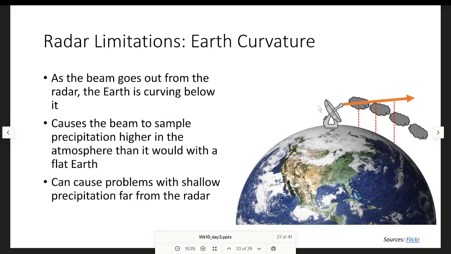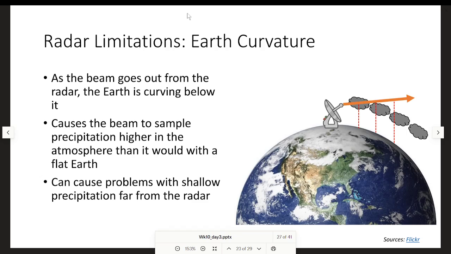Okay. Earth's curvature also creates limitations. Yeah, the Earth's not flat, unfortunately. Again, I really wish the Earth was flat, but unfortunately for all of us, the Earth is round, so it creates difficult math problems and also messes up our radar scans.